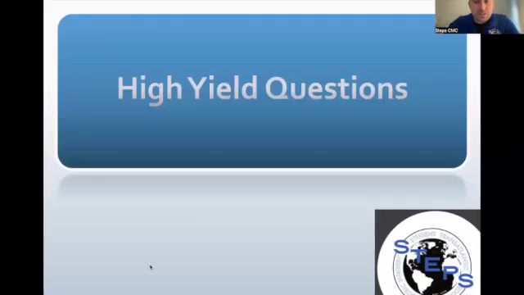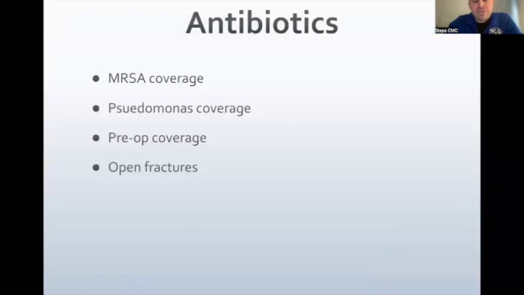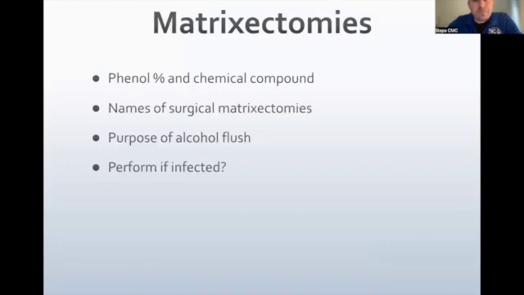All right, let's get onto these high yield questions that you'll find a lot on your boards. Make sure you're studying really well on these big topics. So for antibiotics, we want to make sure we know what kind of antibiotics have good MRSA coverage, which ones are Pseudomonas specific, both IVs and orals, what kind of antibiotics are given preoperatively, and then what kind of antibiotics are given for open fractures and all of the different classifications, and specifically what is added when it's a dirty or long-standing open fracture.